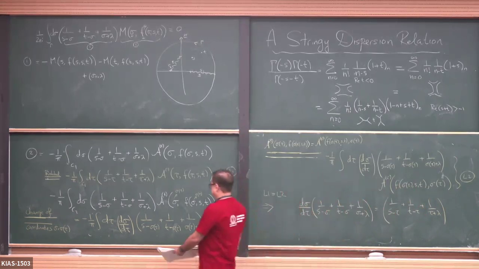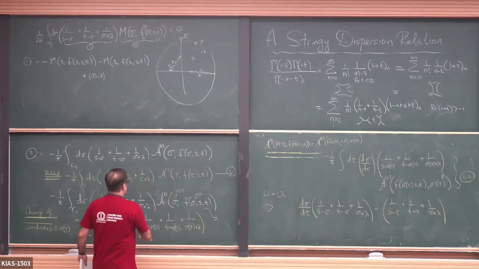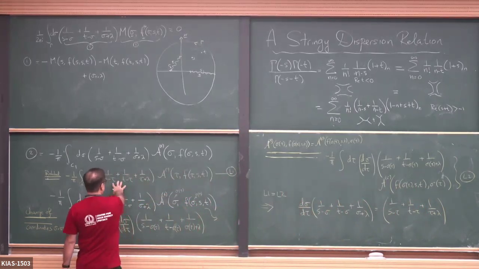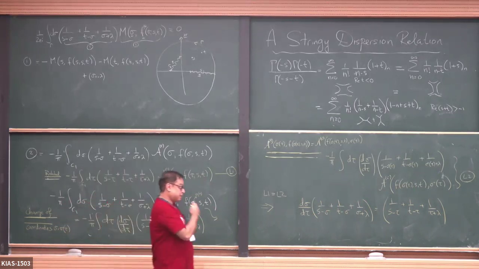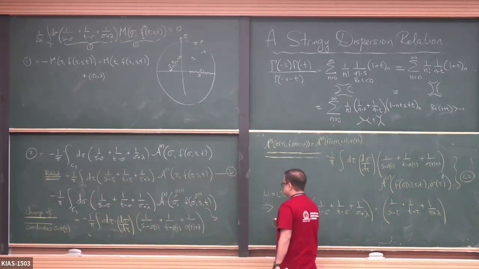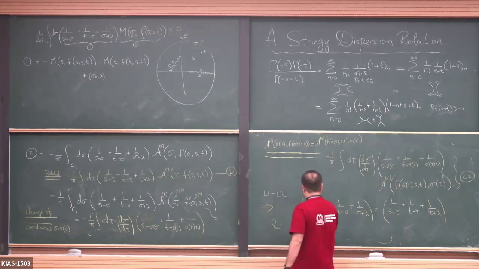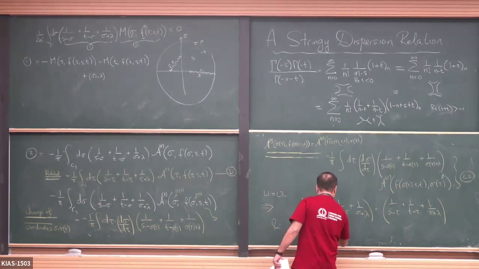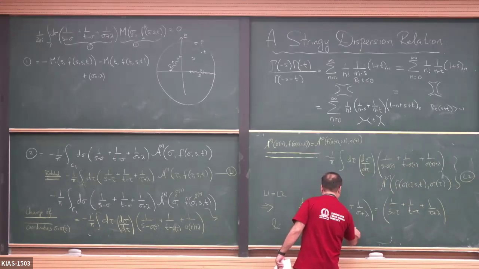So this guy is this guy, and that right hand side is this piece, and tau should be the same thing as this function f after doing the change of variables.